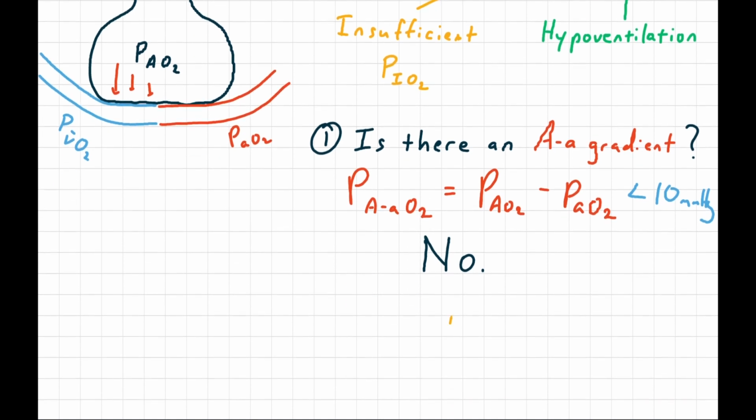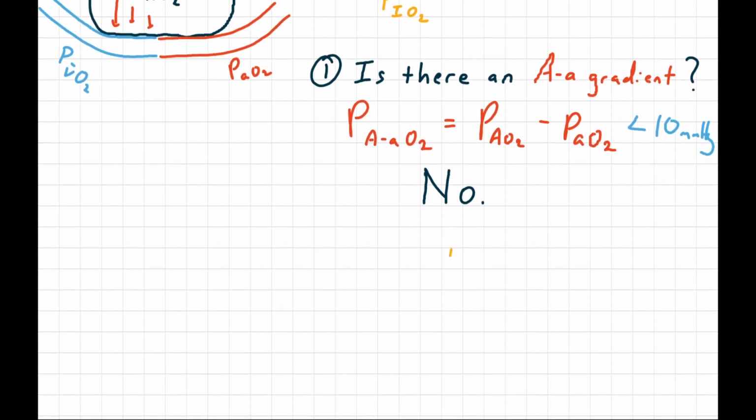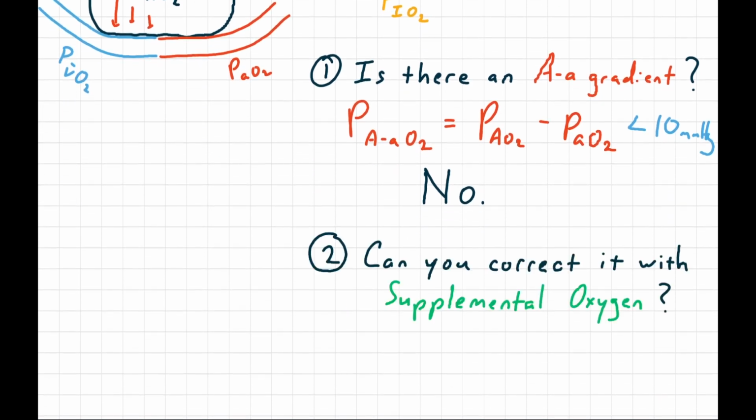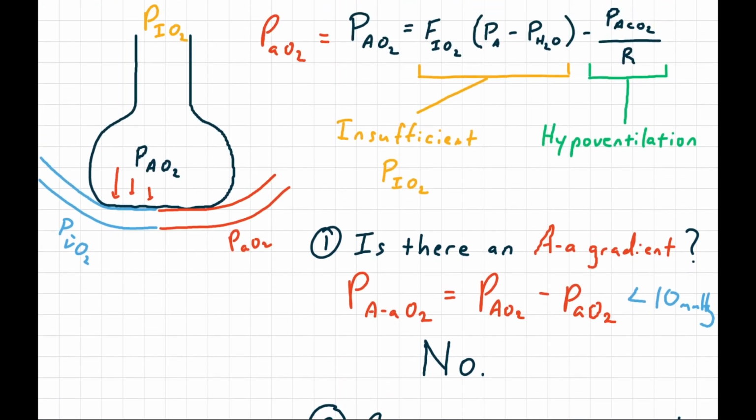The next question we ask about causes of hypoxemia is, can you correct the hypoxemia with supplemental oxygen? Or, put another way, if we increase our inspired oxygen fraction, will the arterial partial pressure of oxygen increase significantly?